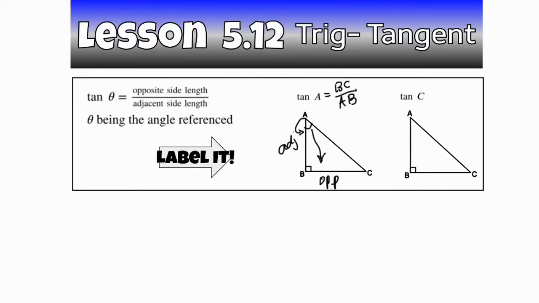This time it's going to be angle C we're talking about, and opposite of that is AB. So the tangent of C is going to be AB divided by the adjacent, which is BC. So no hypotenuse this time. All right, so now let's go look at these practice problems.